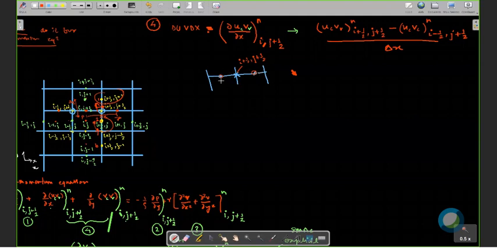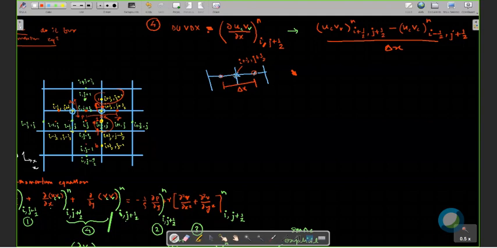But we are looking at here the x direction. Okay. However, you see this is not correct to see for UC. Okay.